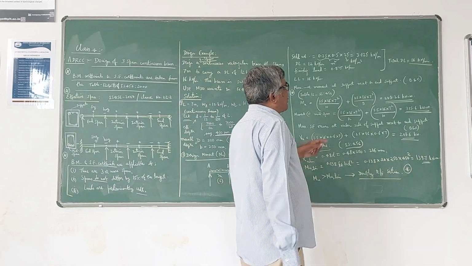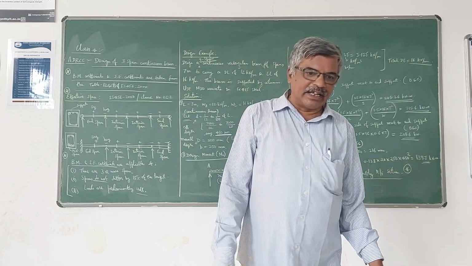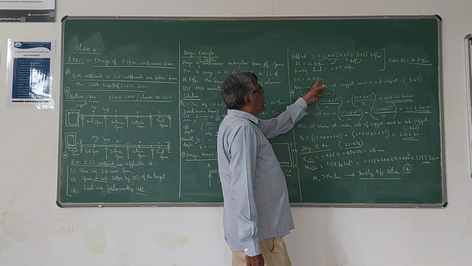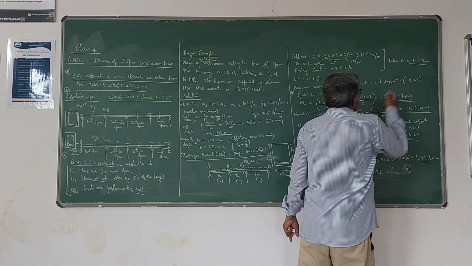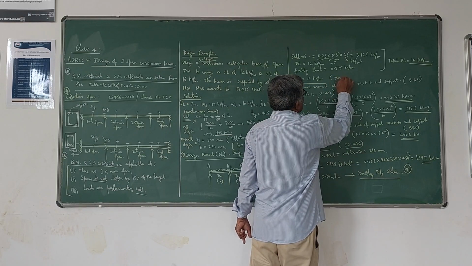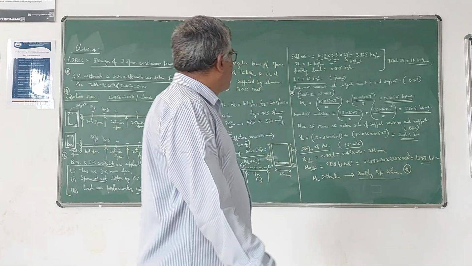Anyway, we are going to multiply this by the partial safety factor 1.5 for calculating the Mu value later. So that's why we can assume finishing load as 0.875. If you add all these three, you get the total dead load as 16 kilonewton per meter, and live load he has given is also 16 kilonewton per meter. Whatever live load he gives, that we have to take.